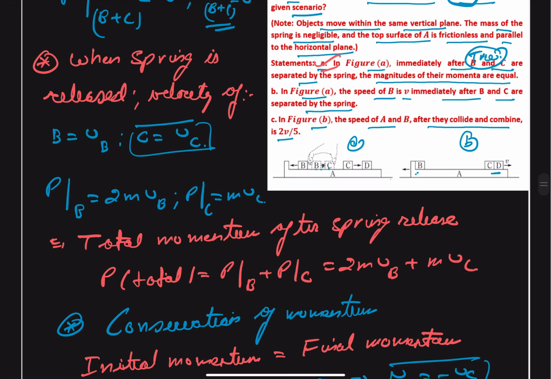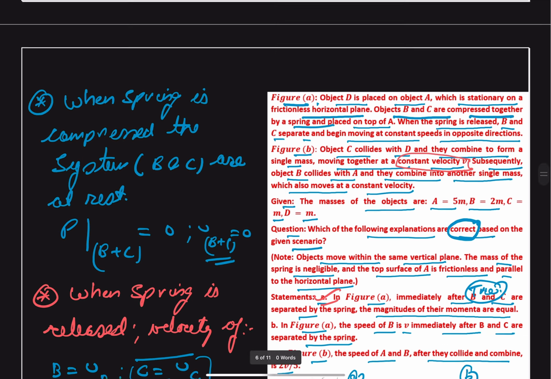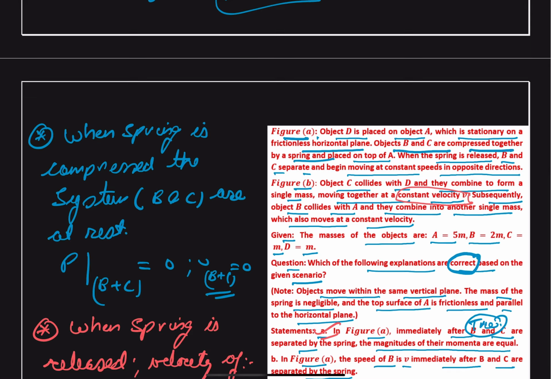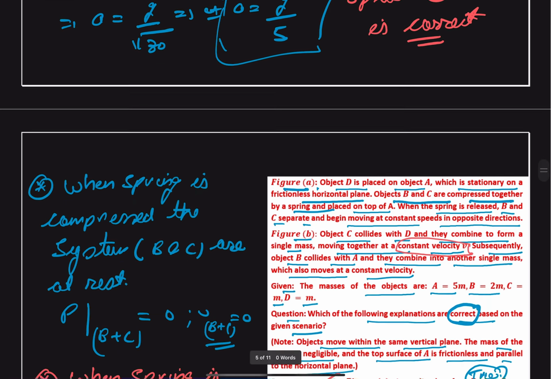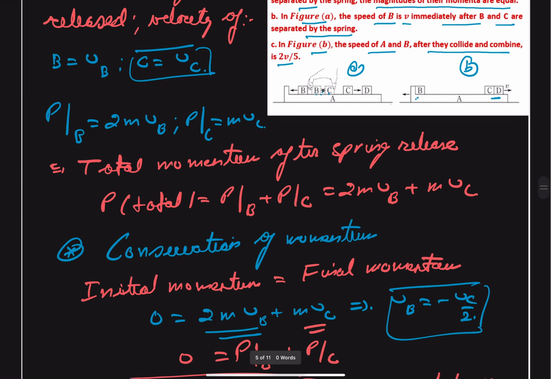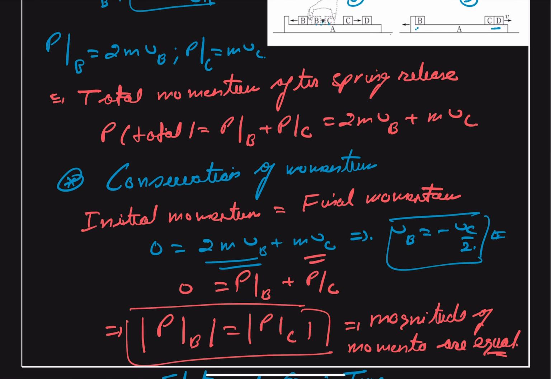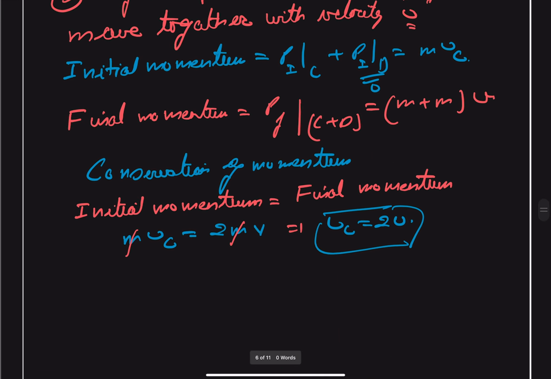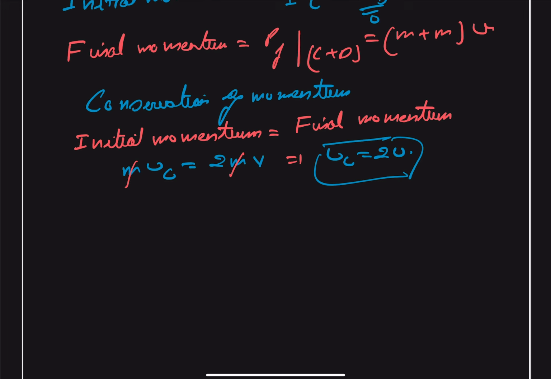And we are supposed to find out the speed of B immediately after it is separated by the spring, given as V. We know the relationship between VB and VC: VB is equal to minus Vc divided by 2.